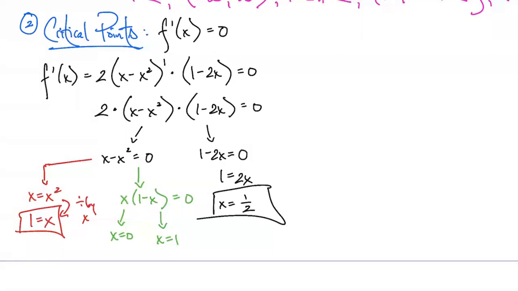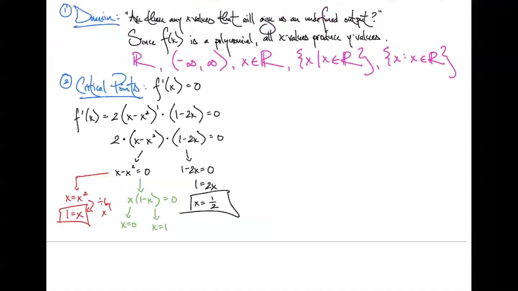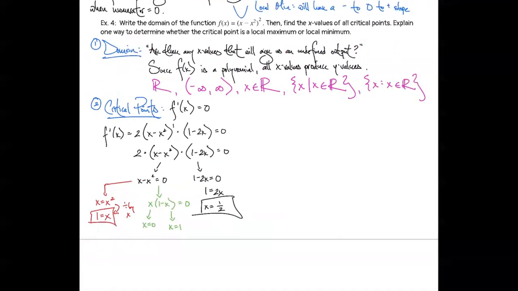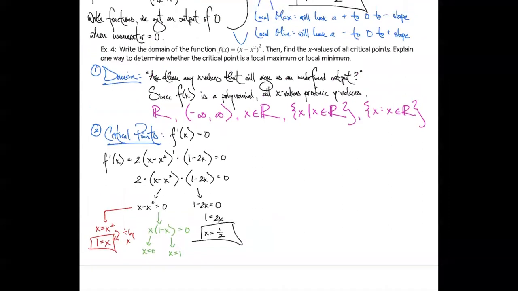A really small point that gets overlooked a lot when we're first learning about factoring becomes a problem now, because if we're looking for all of the critical points and we lose one along the way, we didn't get all the critical points.